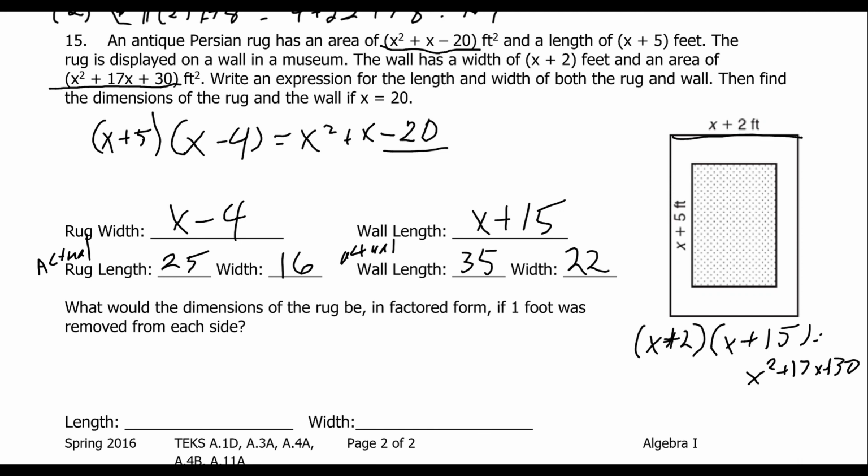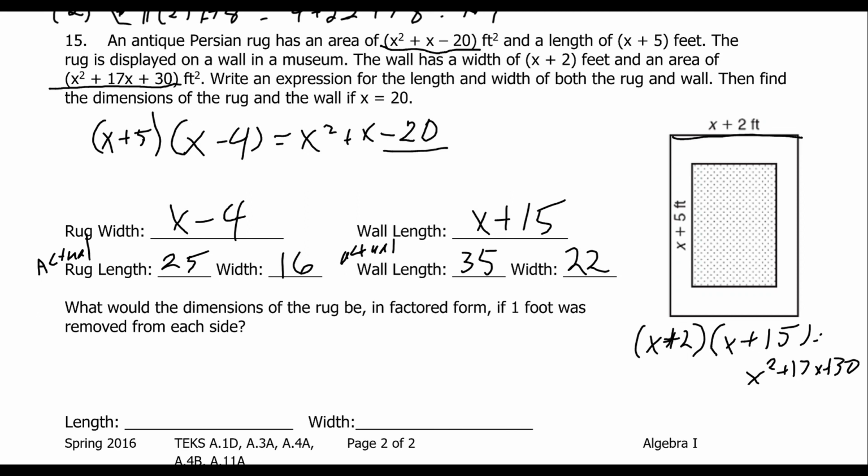All right, now down here on the last little bit, it asks us to find the length and the width, what would be the length and the width if we were to alter the dimensions?